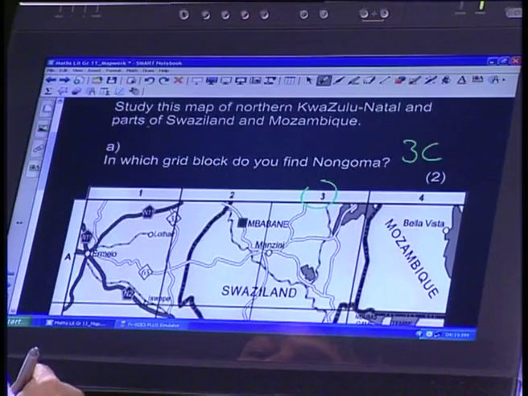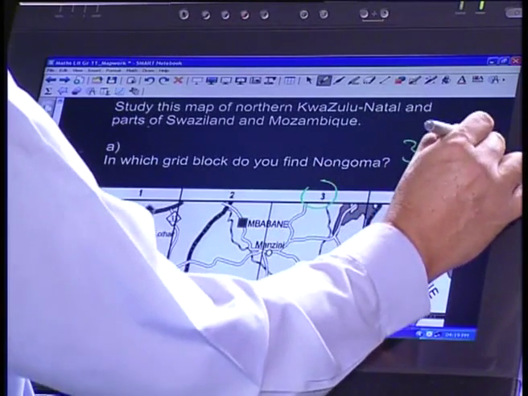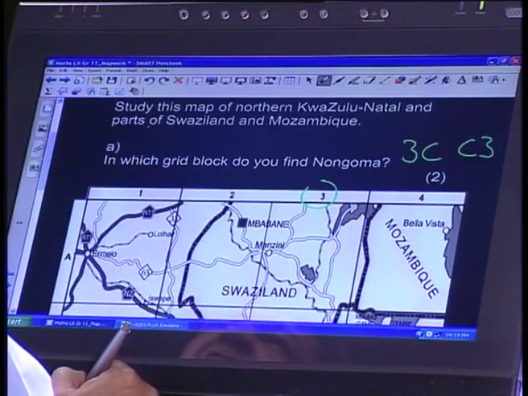Would I get penalized if I called it C3? I didn't think so, unless you got a real mean teacher. But you know what? If one of my students put 3C or C3, that student knows what he's talking about. He knows where to find that town. Okay? Now, this is the exciting thing about the grids.